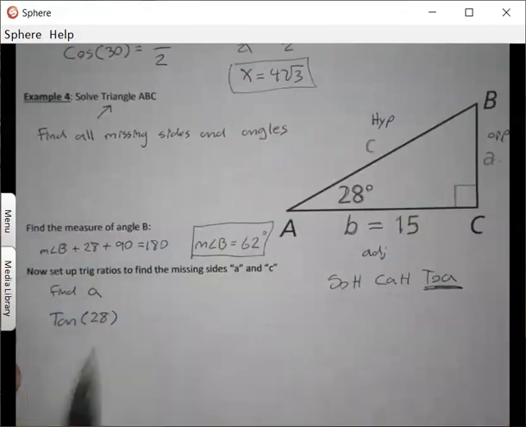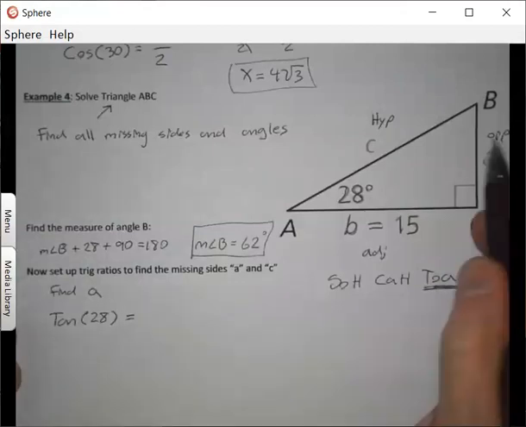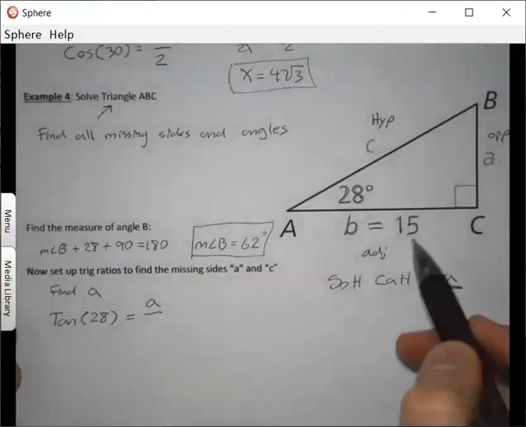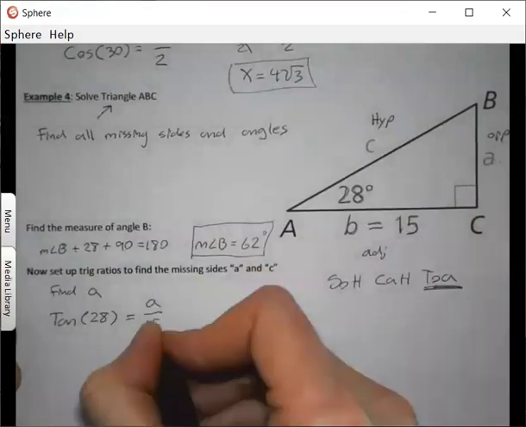You always put an angle in here. So that theta that goes in next to a trig function, that's always an angle. So the tangent of 28 degrees is going to be equal to opposite side, which is A, over adjacent side, 15.